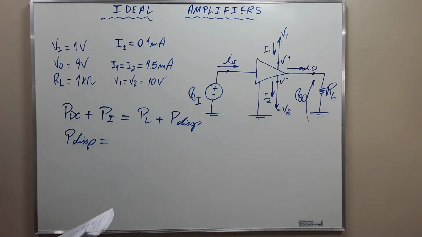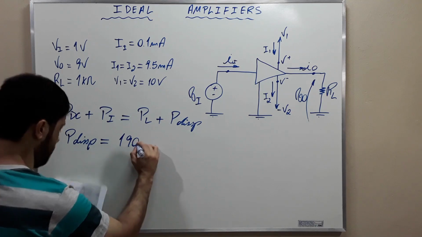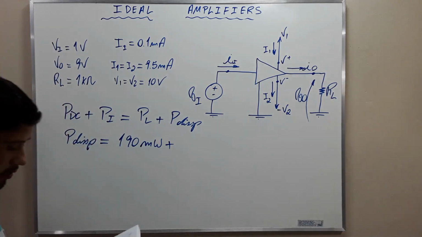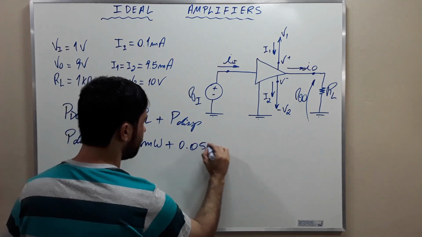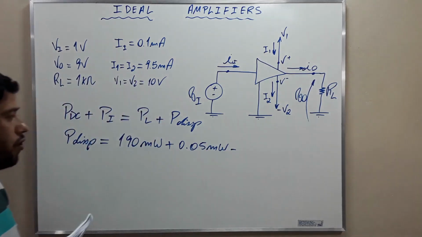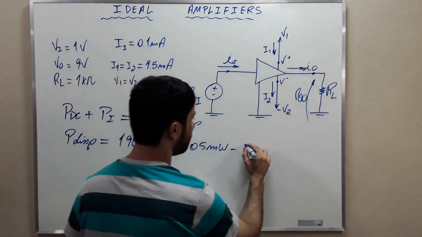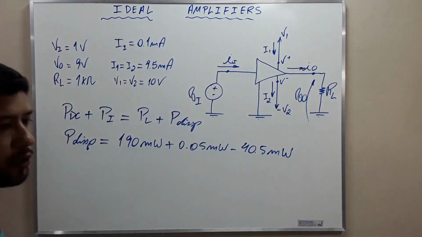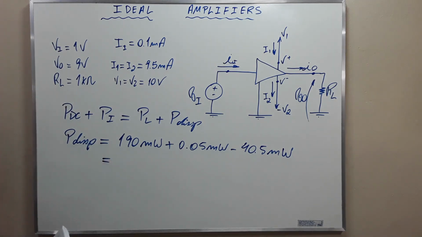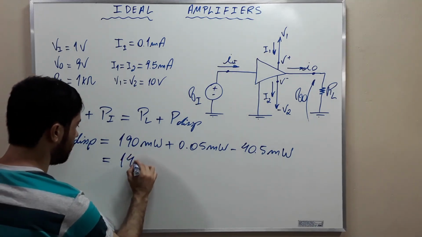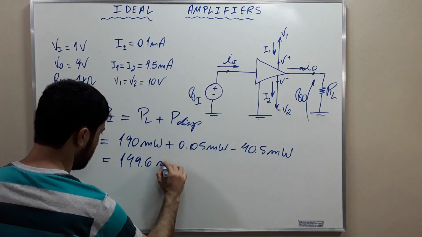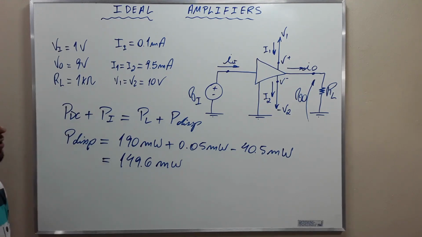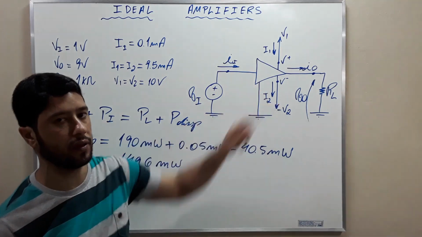Therefore, the dissipated power is going to be 190 milliwatts plus 0.05 milliwatts minus 40.5 milliwatts, and then we find the dissipated power is 149.6 milliwatts. This power is dissipated in the component.